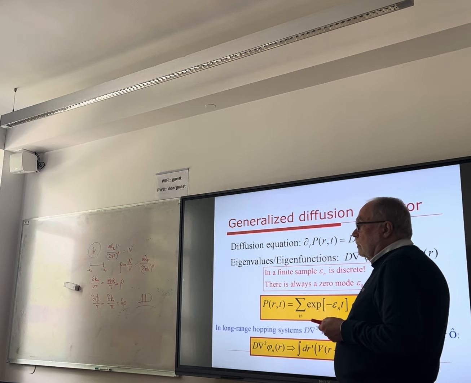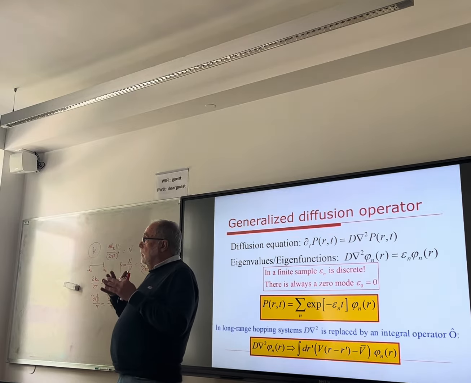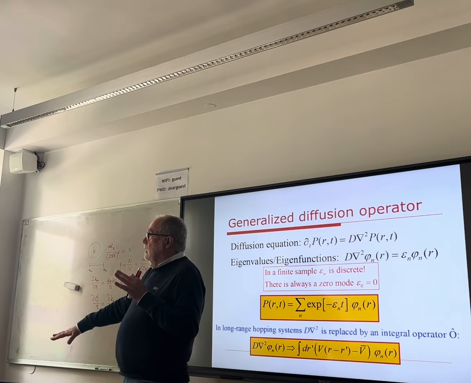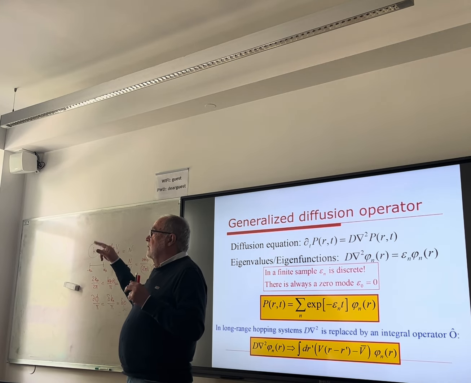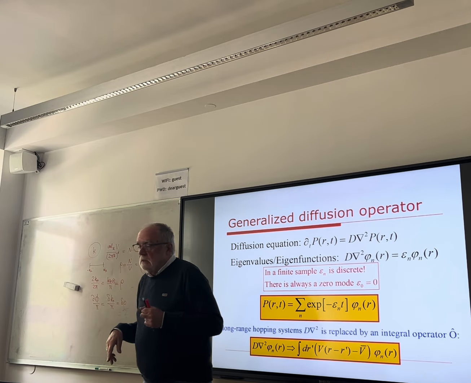And this is important because if you have diffusion, you have relaxation dynamics, exponential in minus something times t. If you have quantum mechanics, you have oscillation dynamics.